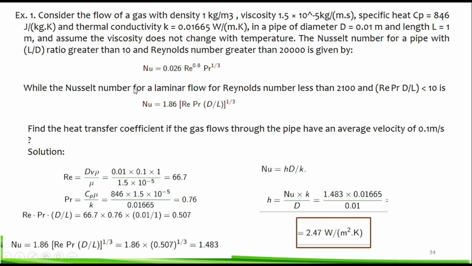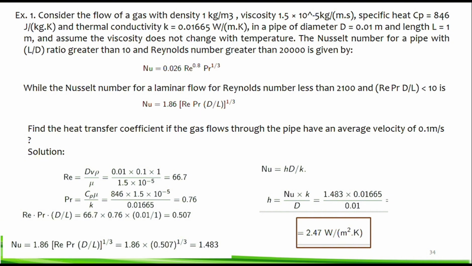While the Nusselt number of a laminar flow for Reynolds number less than 2100 and Reynolds-Prandtl D over L less than 10 is given by Nusselt number equals 1.86 multiplied by the Reynolds-Prandtl D over L raised to 1/3. Find the heat transfer coefficient if the gas flows through the pipe with an average velocity of 0.1 meter per second.